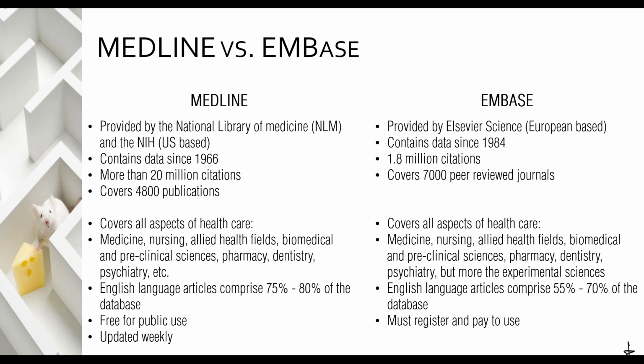Medline obviously goes way back before 1966. It contains a lot of data. EMBase goes all the way back to only 1984. Medline contains more than 20 million records, while EMBase has 1.8 million, almost one tenth. It covers huge publications, okay, and it's free.